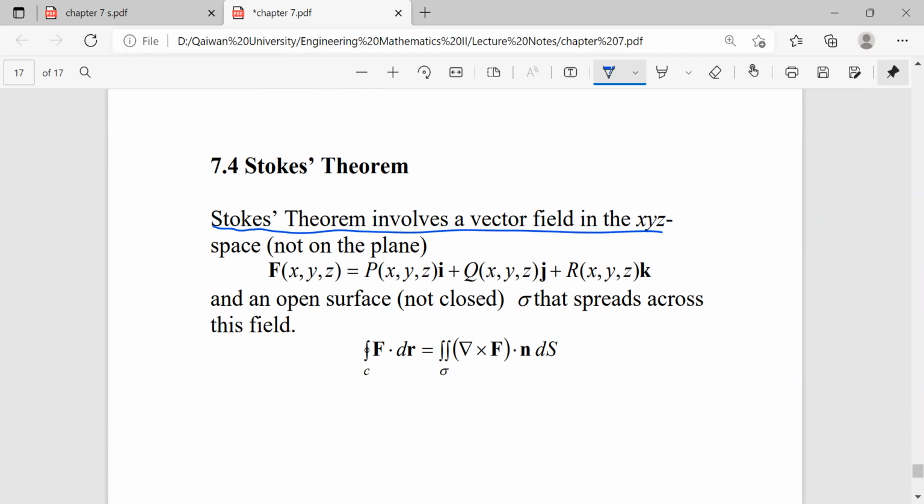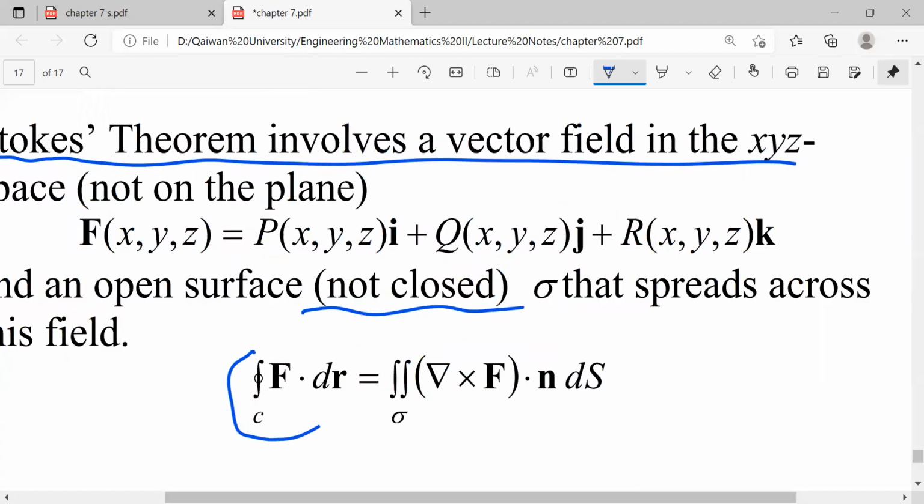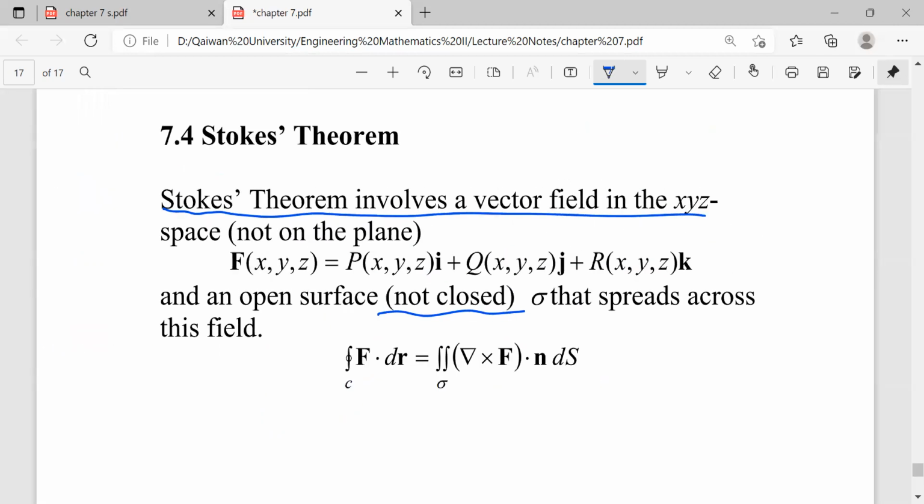or if it says find the integration over this closed curve, as you see, if you see this integration symbol, here you must use the Stokes theorem.